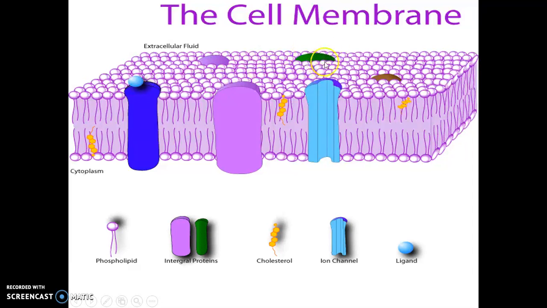They act as doorways or gates that allow specific things to enter and leave. They are proteins. And remember, what is the most important thing about a protein? Its shape. There's also cholesterol in here. Cholesterol helps give it flexibility.